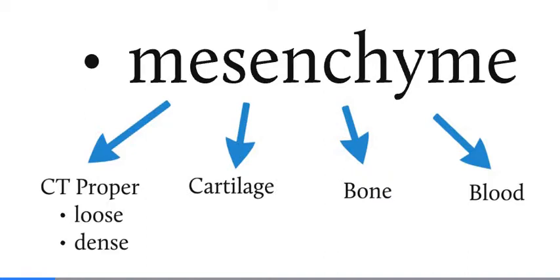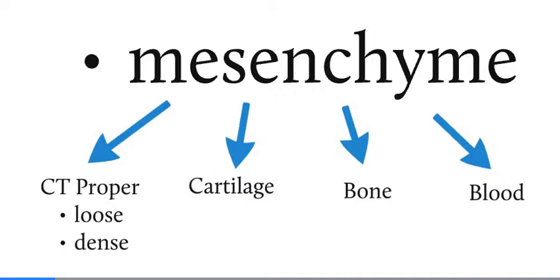What really ties all of those tissues together is that they all come from the same embryonic tissue called mesenchyme. Now, the connective tissues proper, which we'll talk about in a little more depth in a little bit, are the ones that actually connect things together. And then cartilage, bone, and the liquid tissue, blood, aren't really holding things together.